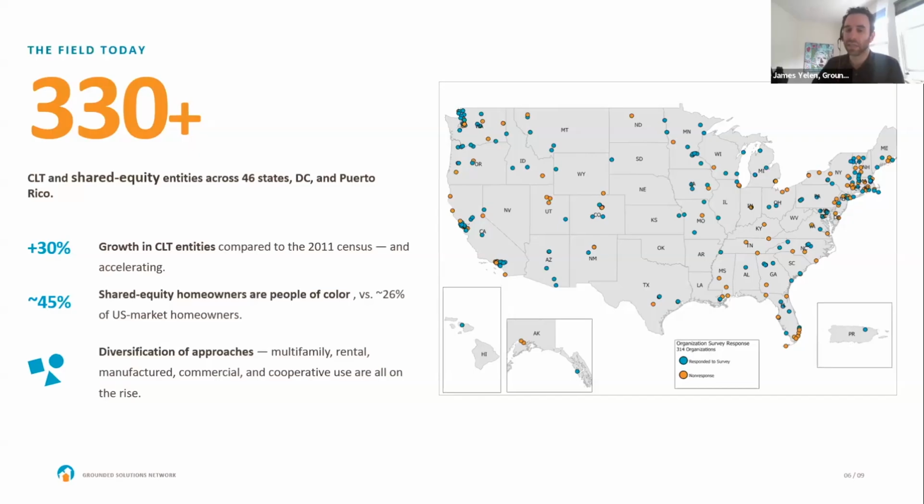There's almost not a single state where there isn't at least one CLT doing work. And we know that they're also serving a different segment of the housing market than other models do. There's a much larger share of BIPOC and first-time homeowners in the CLT model, and we're seeing them take on new and different kinds of development models from, again, housing co-ops to urban gardening to all sorts of new ways of stewarding land.